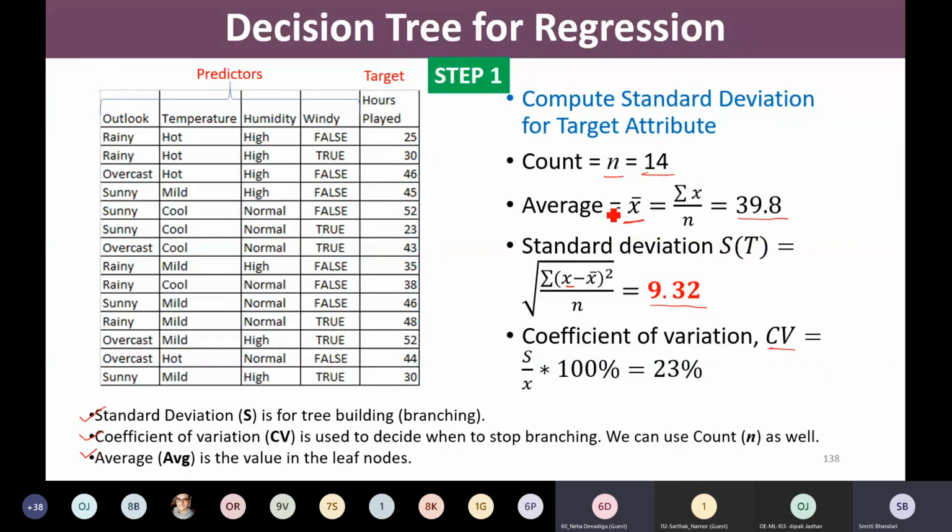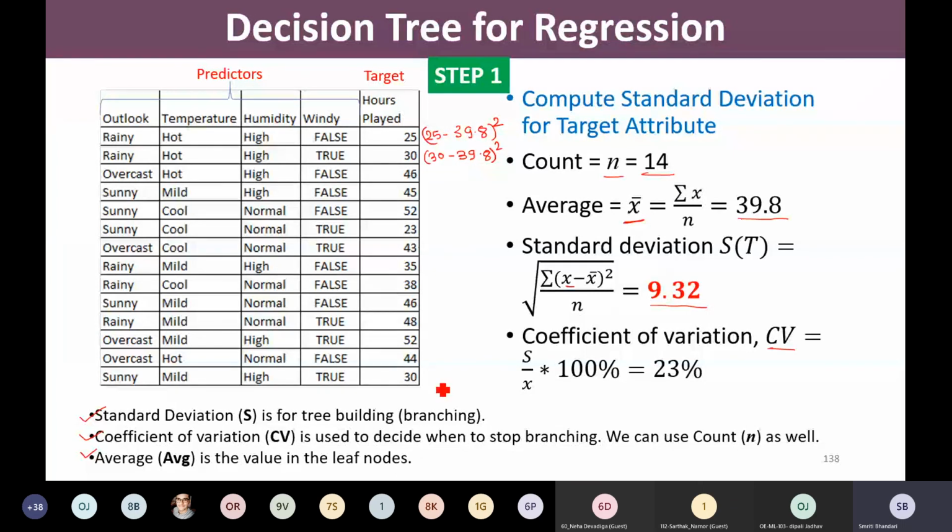So we have computed this average as 39.8. So this is my x. So 25 minus 39.8, and square of this. Then 30 minus the same average, 39.8, square.